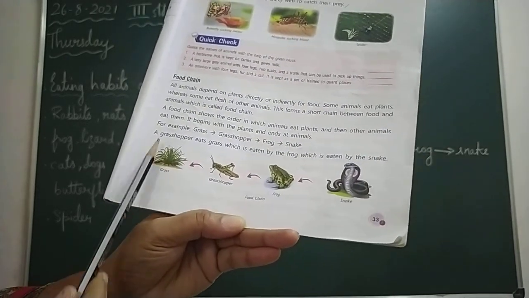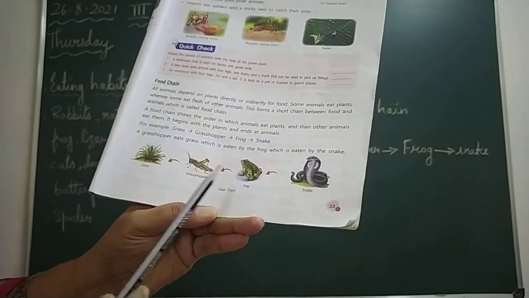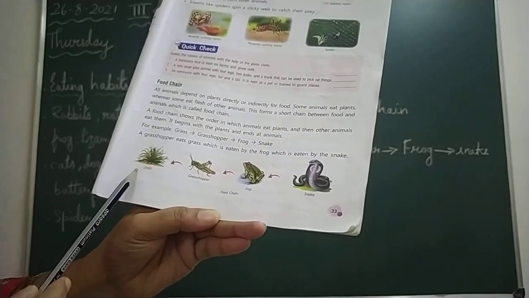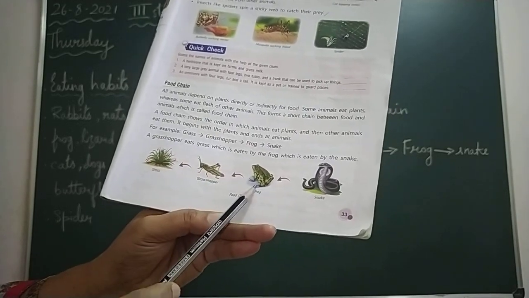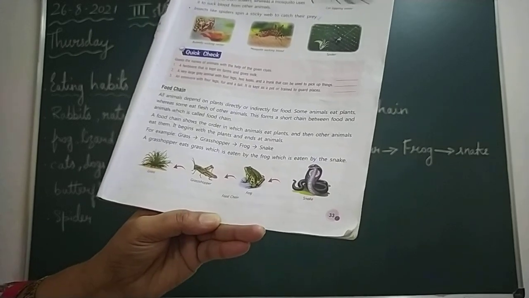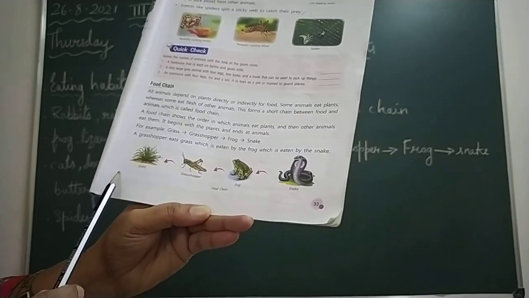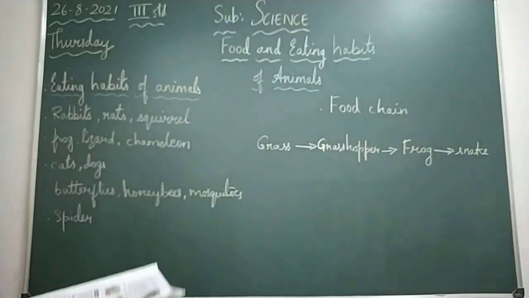For example, grass, and then the grasshopper, frog and snake. The grasshopper eats the grass and the grasshopper is eaten by the frog and the frog is eaten by the snake here. So like this, it forms a short chain between the food and the animal, which is called food chain.